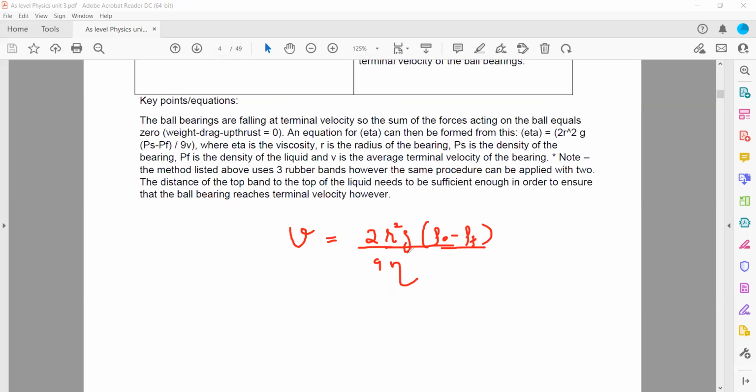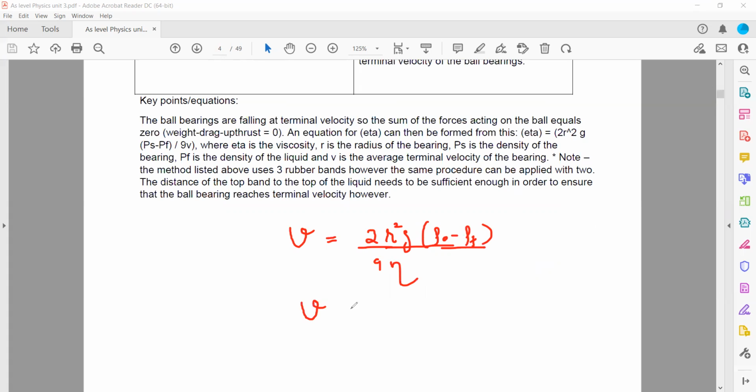That is the formula. Now, because we are finding the terminal velocity and the size of the ball bearing, we'll repeat the experiment with different sizes of ball bearings.